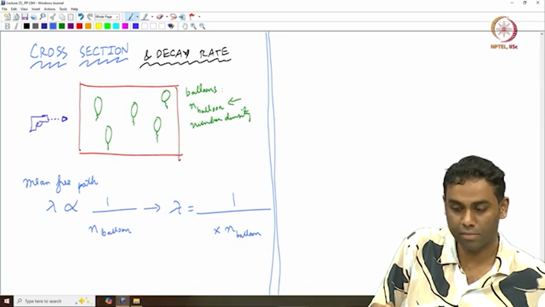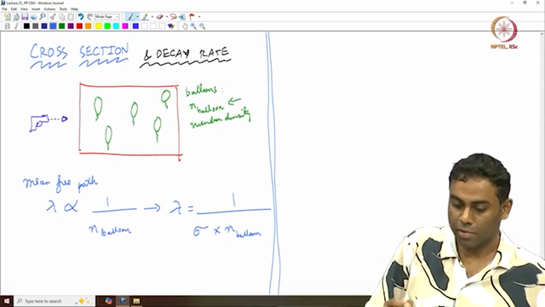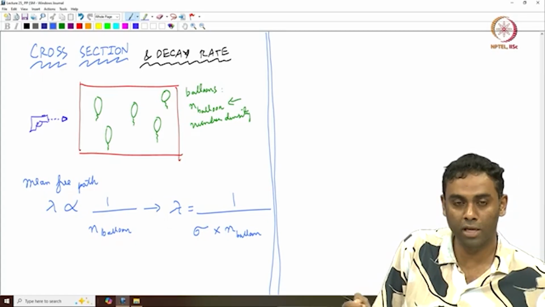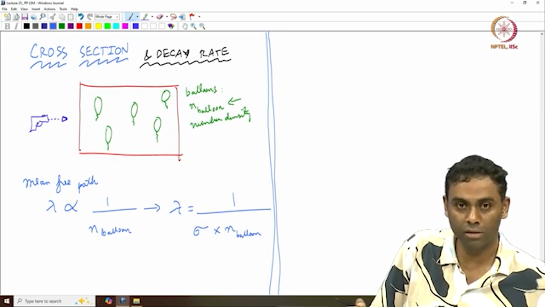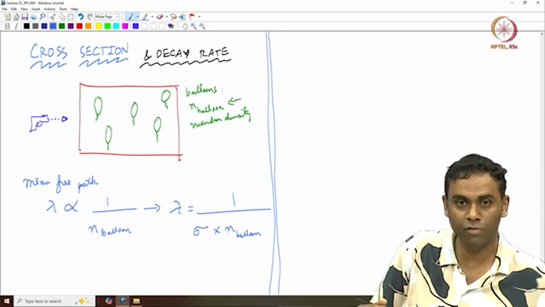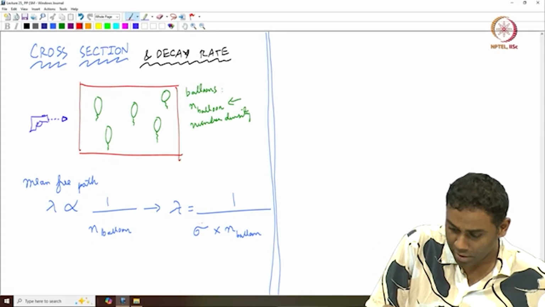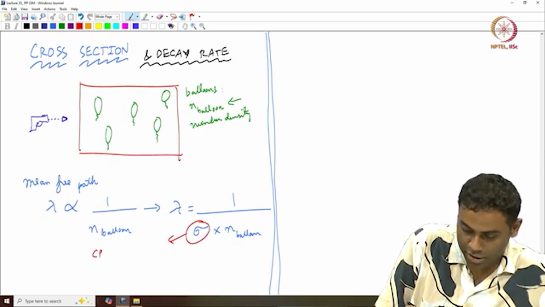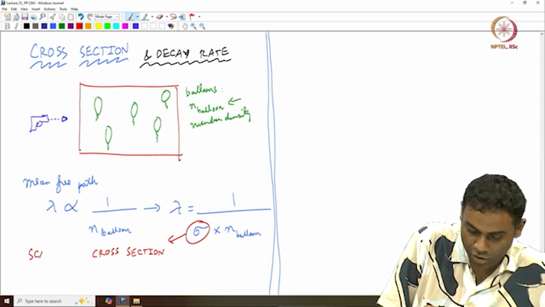Yes? Because this has units of length on the left hand side. Number density has units of 1 over length cubed. So 1 over number density has length cubed in the numerator. So I have to introduce something with the units of area in the denominator, right? Now that something is nothing but the cross section. Okay, and in this particular case it is nothing but the scattering cross section.